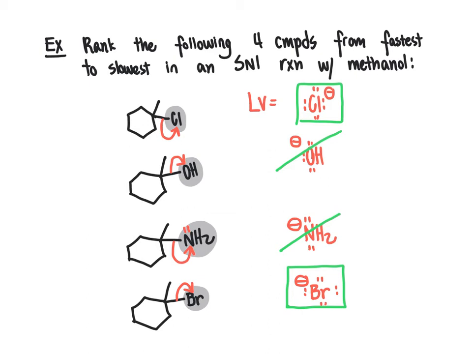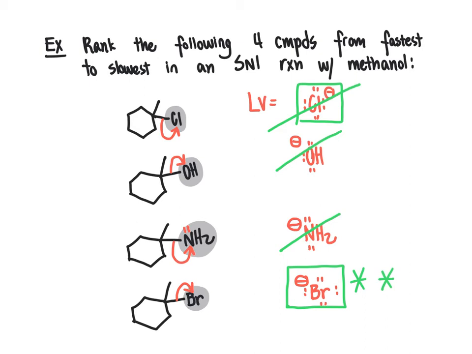And then once we're in the same column of the periodic table, we judge based on atomic radius. So chlorine and bromine are in the same column of the periodic table, but bromine has the larger atomic radius, and so therefore bromine is going to be the winner. So chlorine, not the winner. Bromine is the winner. And so we're asked to rank all 4 from best to worst.